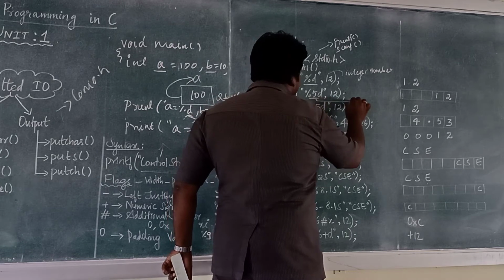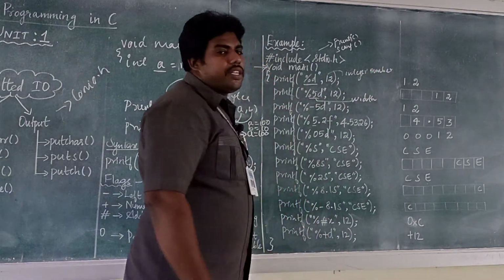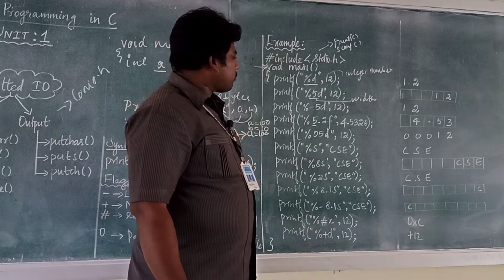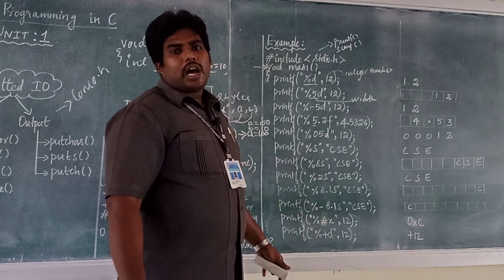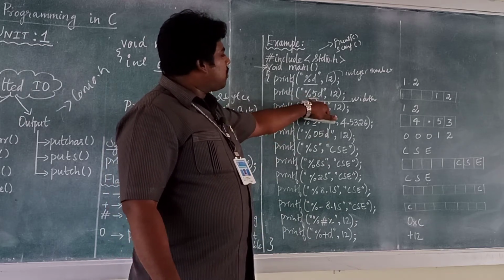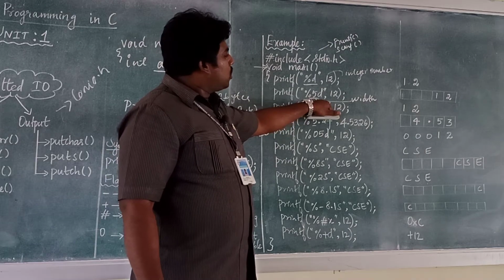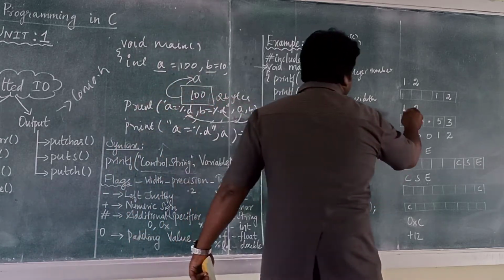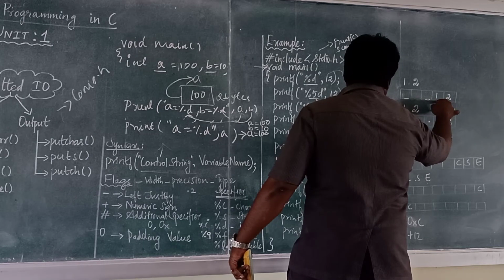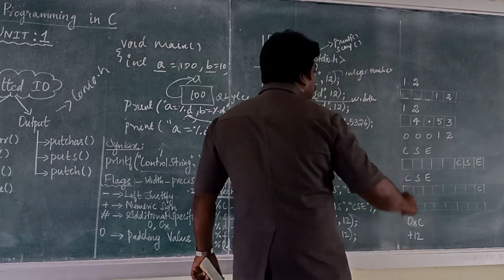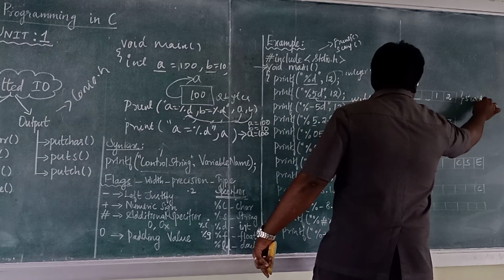W is nothing but width. So you are telling that the maximum width of the output is 5. So the output width should be 5. So what will happen in the output? 3 empty spaces will come, then this 1, 2 will come. So totally 5 width.